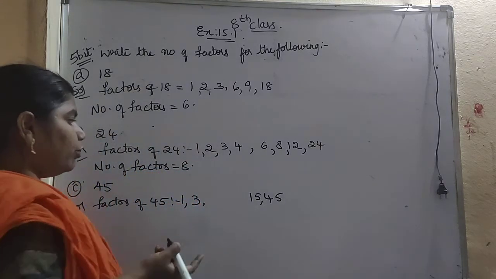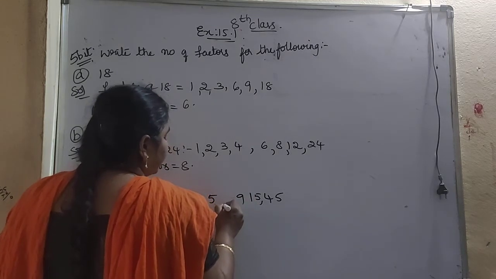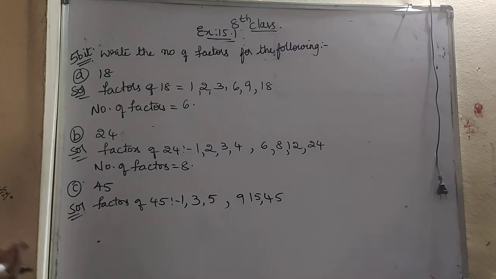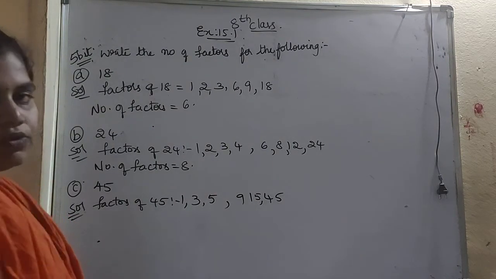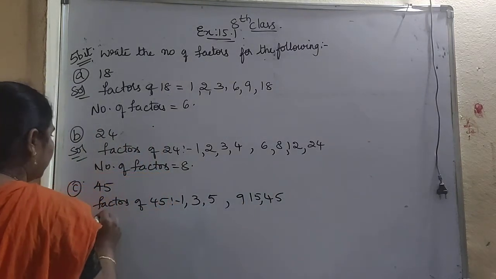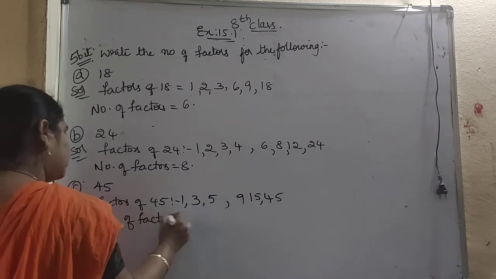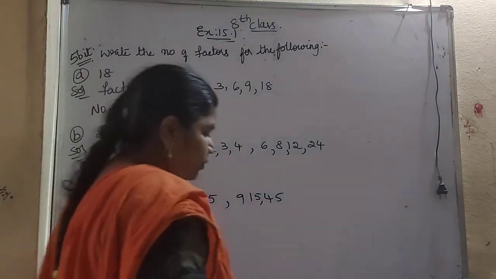Next 4 it will not go. 5, 9 times is 45. So these are the factors of 45. In 6, 7 and 8 tables it will not go. So how many factors are there? 1, 2, 3, 4, 5, 6 factors are there. So number of factors is equal to 6. So 6 factors are there for 45.